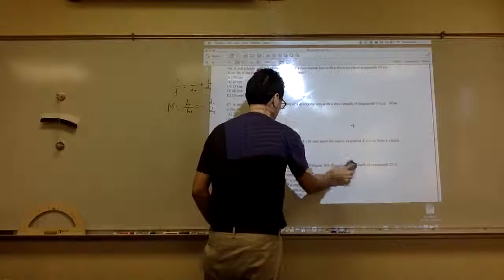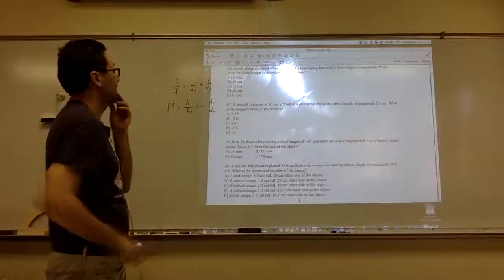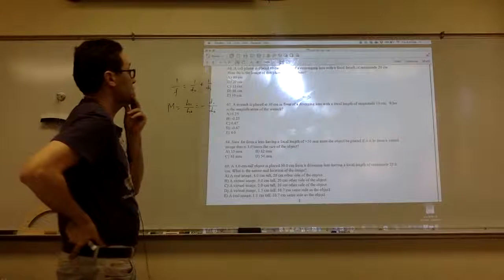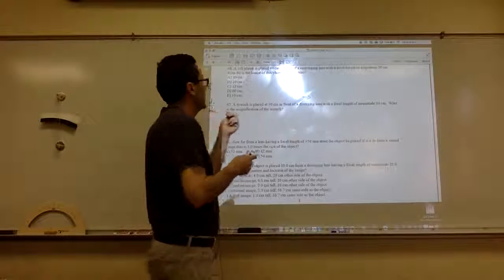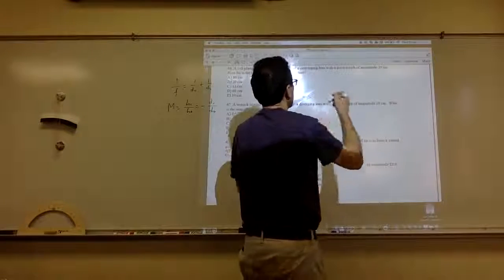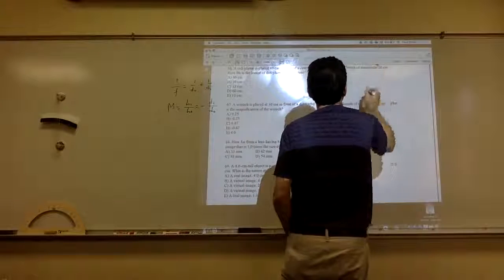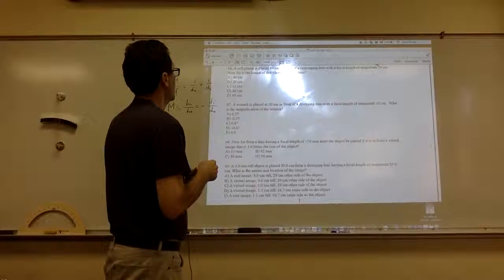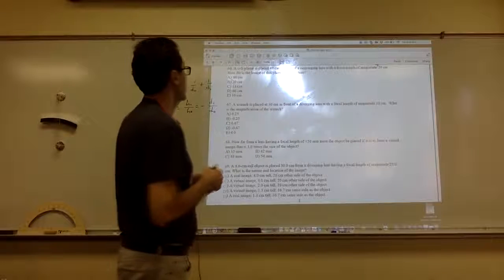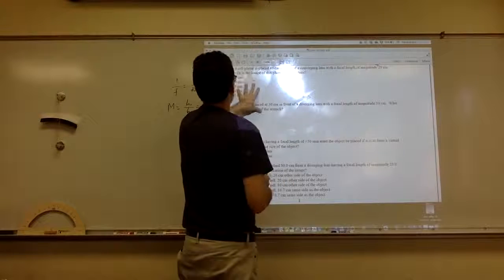All right, let's look at some of these multiple choice questions. A cell phone is placed 40 centimeters in front of a converging lens, so that's a convex lens, with a focal length of magnitude 20 centimeters. So that's a positive 20. How far is the image of this phone from the lens? Well, hold on. So we can do this conceptually. We don't have to do any math.